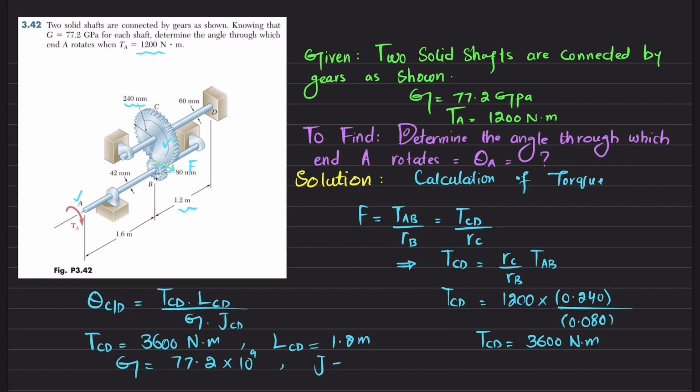J for this will be equal to pi by 2 times c to the power 4. D is given as 60 millimeter, which is 0.060 meter, so c equals D divided by 2, which is 0.030 meter. So pi by 2 times 0.030 to the power 4, and from here you get J equal to 1.2723 into 10 raised to the power minus 6 meter to the power 4.